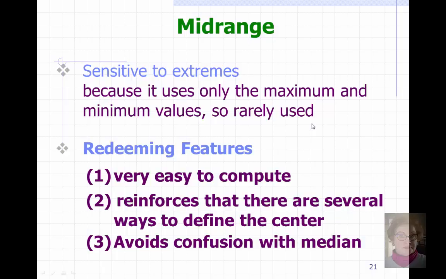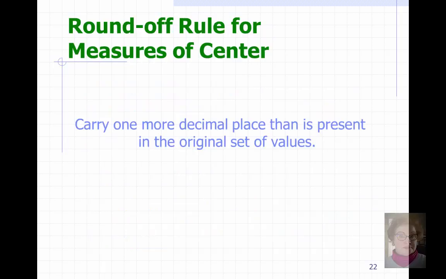It is very sensitive to extremes, but it is very easy to compute. It reinforces that there are several ways to define the center, and this does avoid confusion with the median because now we're looking at the distance from the mid-range to the maximum is the same as the distance from the mid-range to the minimum. Where remember with the median, you had the same number of data values above and below the median. Data values, not distance.